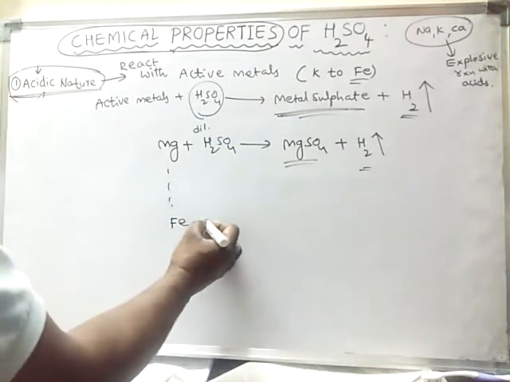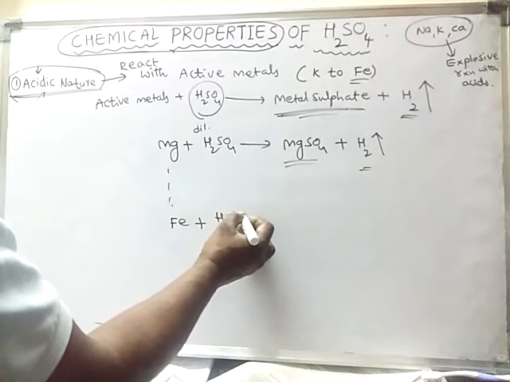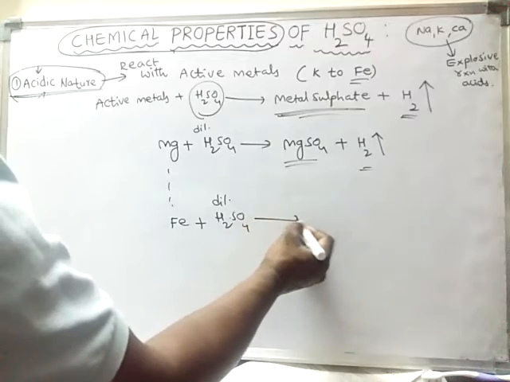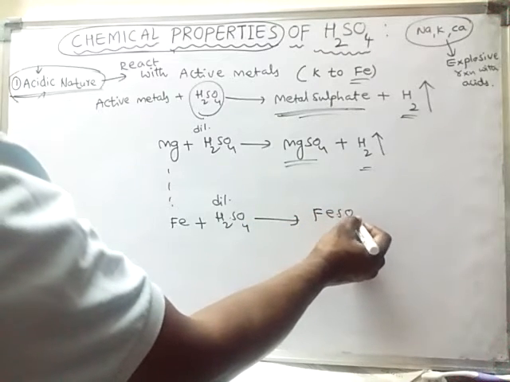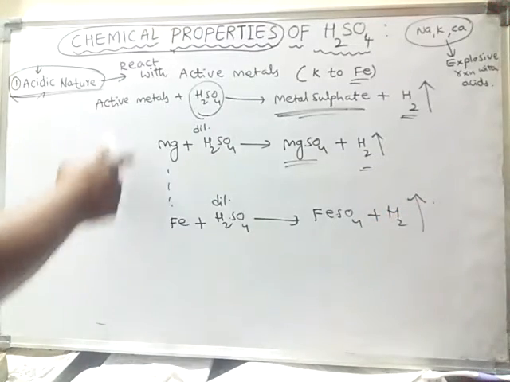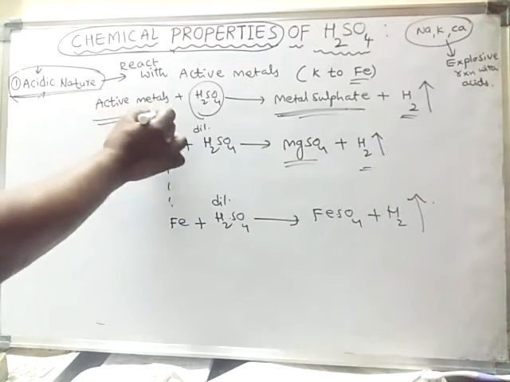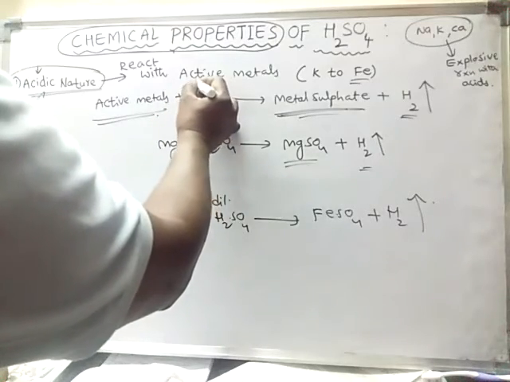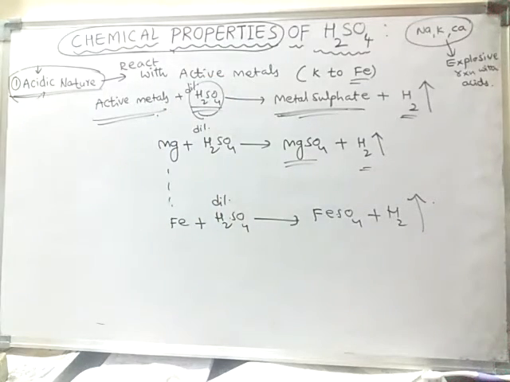So iron plus dilute H2SO4 forms ferrous sulfate, and hydrogen gas is liberated. Like this, active metals react with dilute sulfuric acid, forming a metal sulfate and liberating hydrogen gas.